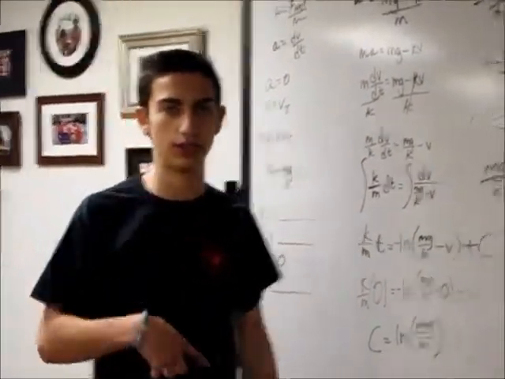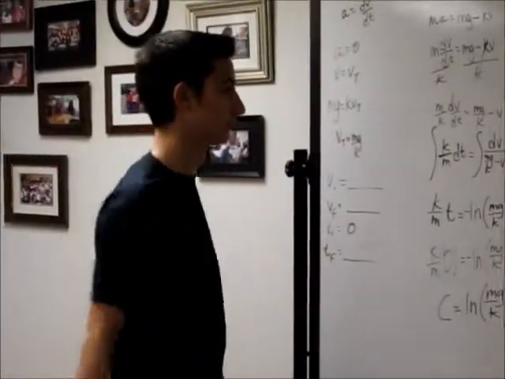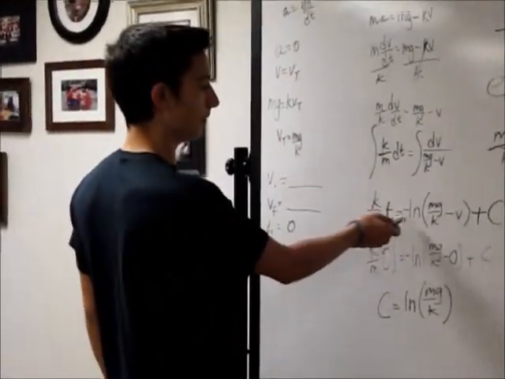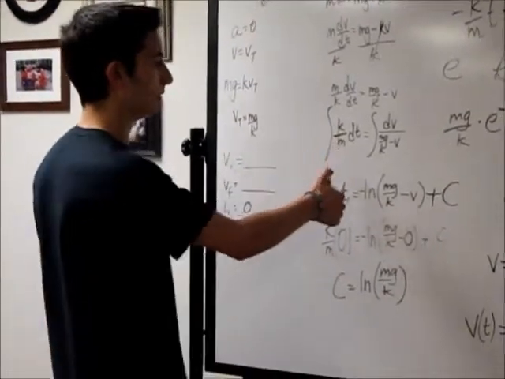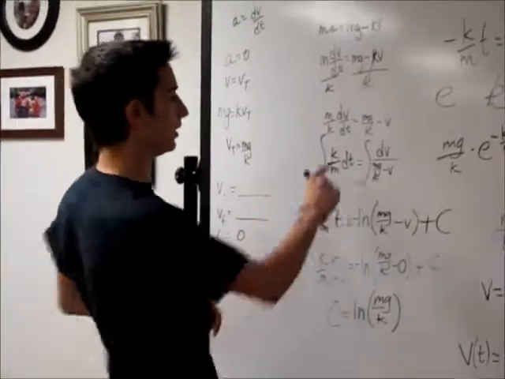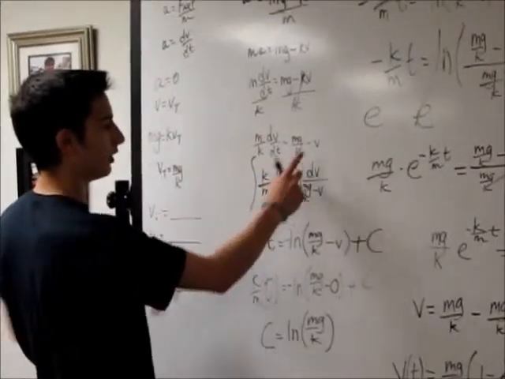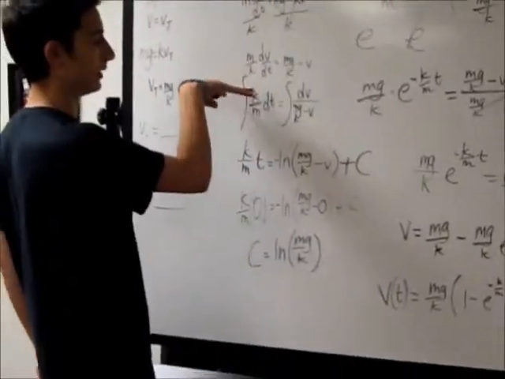Next, we're just going to integrate that. That's how you're going to get your equation. So now we get k over m dt, because we separated, and I skipped a step. We separated the variables, so we got dv over to this side, and we got dt over here by itself. Okay?